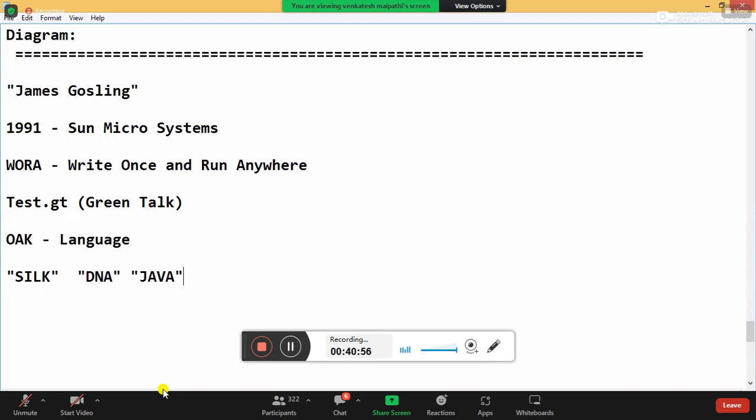Where was this name taken from? Java does not have any meaning as such. Actually, Java is an island name. In Indonesia, there is an island called Java Island. The specialty of that island is that coffee powder is produced there. That coffee powder has a unique taste. The first unique coffee powder was produced in Java Island.